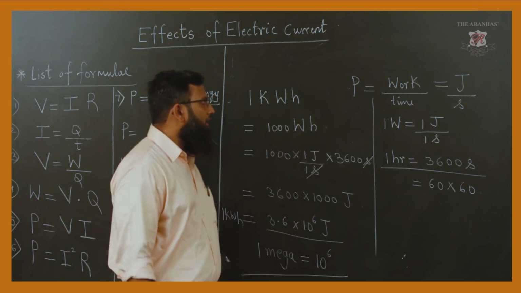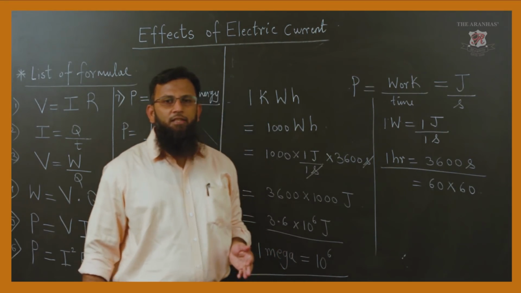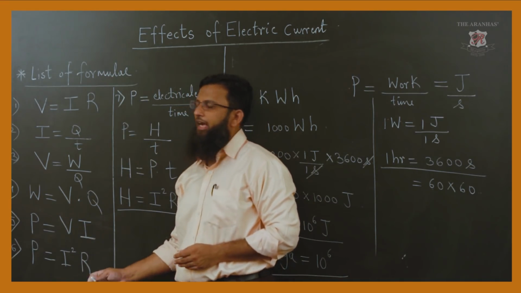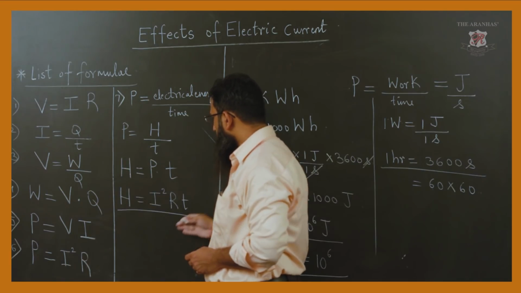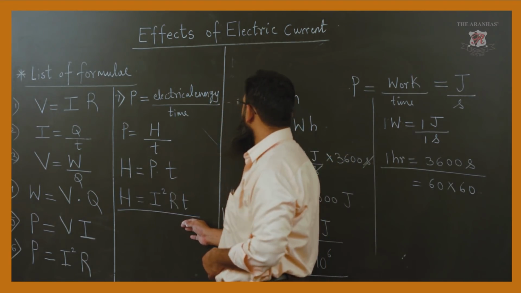So, today we have seen sufficient things. First, we prepared a list of the formulae right from the basic up to the advanced formula, which is helpful further in solving the numericals.